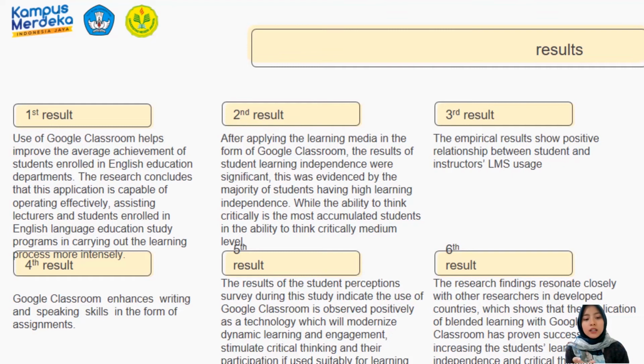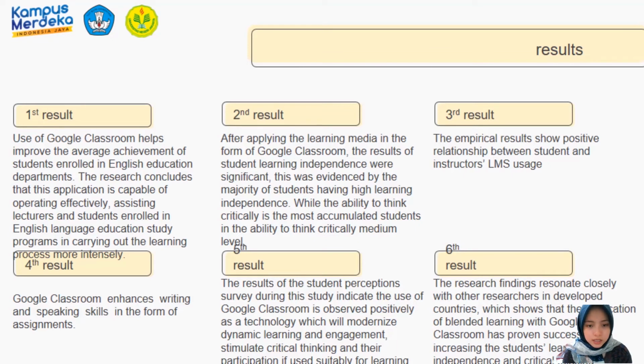But the important point is we can use writing and speaking skills to increase our skill of English by using assignments in Google Classroom. So this is a very positive result.